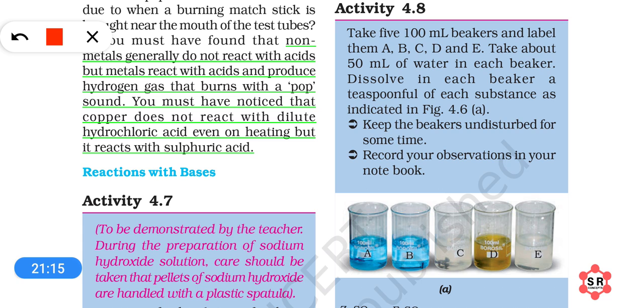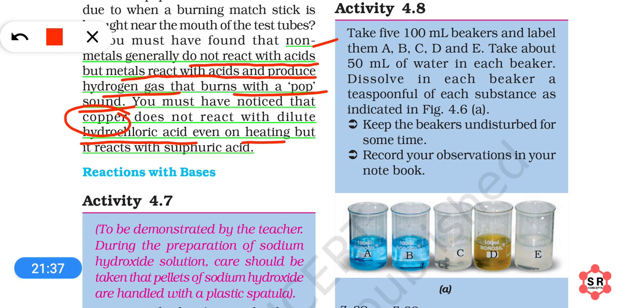But what about non-metals? Non-metals generally do not react with acids, but metals react with acids to produce hydrogen gas that burns with a pop sound. For example, copper will not react with hydrochloric acid even on heating, but it will react with sulfuric acid, that is dilute.